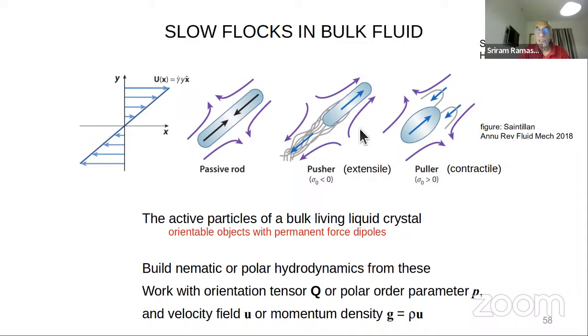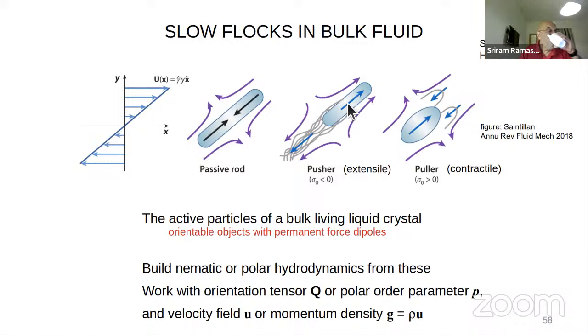And both of these, if you look at it from the point of view of writing down an equation for the combined forces on the particles and the fluid, because it's only that momentum that's conserved, the total momentum of particles plus fluid, in the equations for that momentum density, this kind of structure will be a dipolar force density, because you've got a swimmer and you've got the fluid, and the total force is zero.